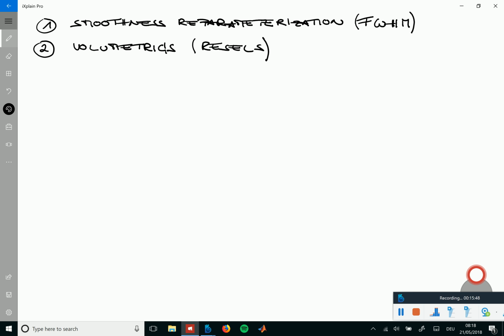Actually, in the footer of the SPM table you find both the terms full width, half maximum, and resel or resel volume. So have a look.